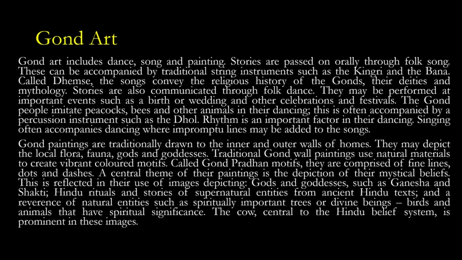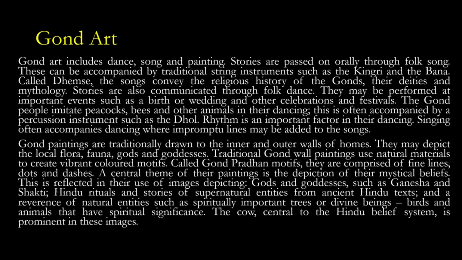Goan paintings are traditionally drawn on the inner and outer walls of the homes. They may depict the local fauna, flora, gods and goddesses. Traditional Goan wall paintings use natural material to create vibrant colored motifs called Goan Pradhan motifs. They are comprised of fine lines, dots and dashes. A central theme of the painting is the depiction of their mystical belief.